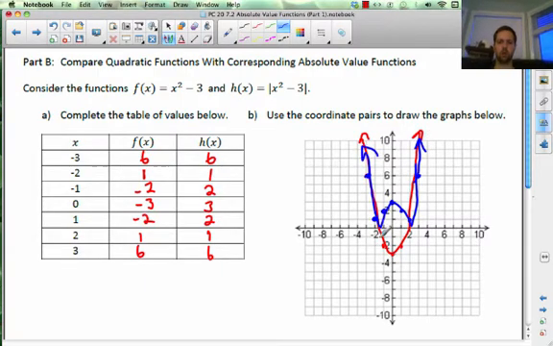So only the part that would dip below the x-axis is reflected in the x-axis. So if you took a mirror and you put it right here, and this was the reflective side here, this is where you'd see this thing.